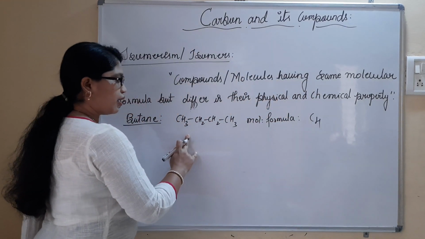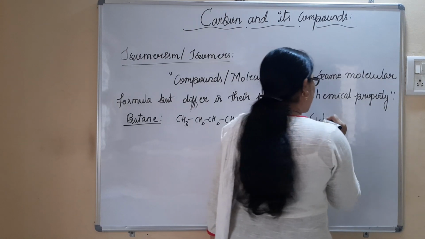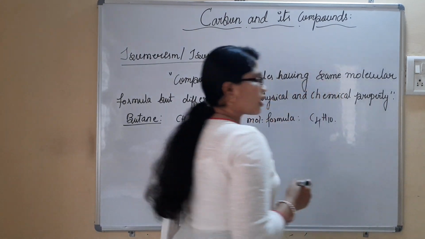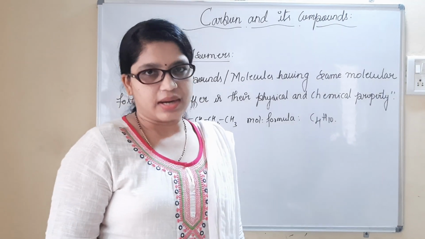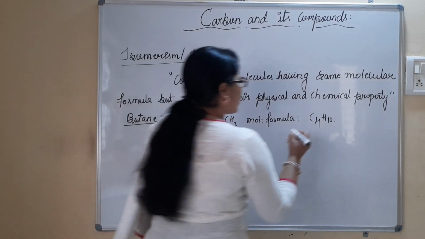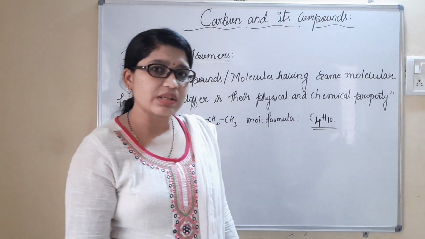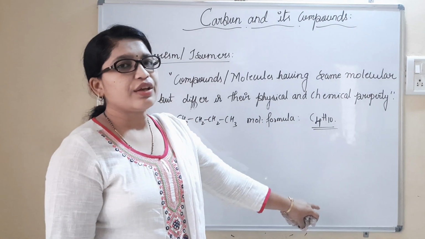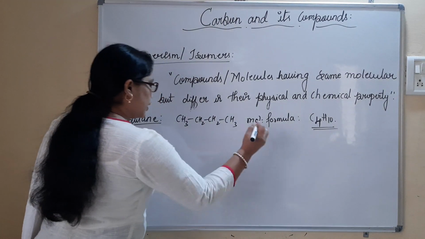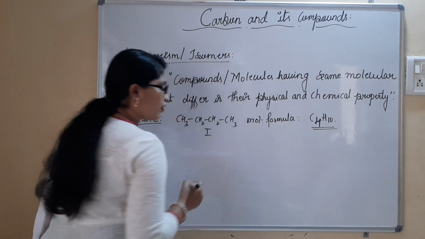Count the hydrogen atoms: 3 plus 3, 6, 8 and 10. We know every next carbon atom increases by 2 hydrogen atoms. So I got the formula, C4H10. Now I have to check how many possible structures are present for C4H10. This straight chain is one of the structures I could write for butane.